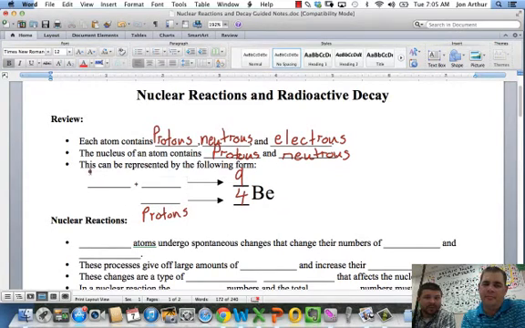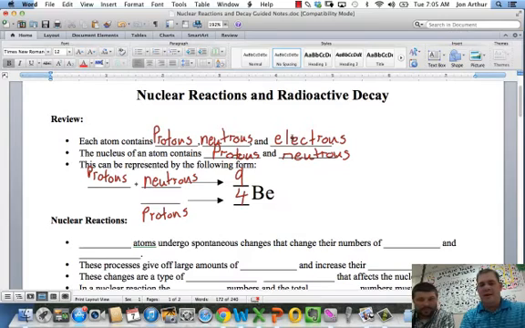And then to get the other number, we're going to add up the number of protons plus the number of neutrons. Why not electrons? Because electrons are so small they do not cause any mass inside the atom. They just hover around, but the protons and neutrons in the nucleus are the more massive, heaviest ones. They affect the mass of that element.